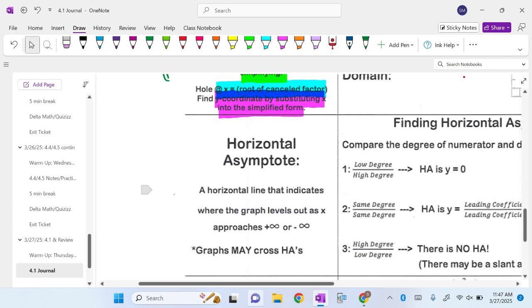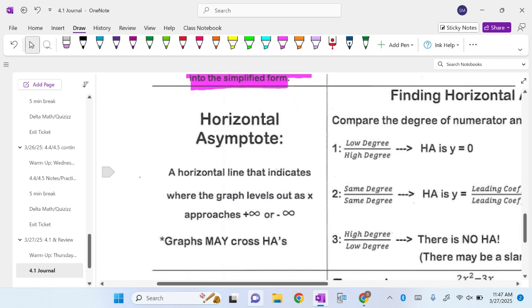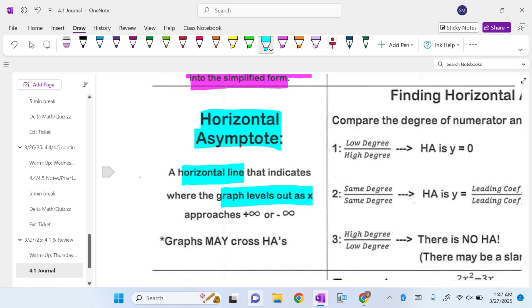Now, horizontal asymptotes. So this is a horizontal line that the graph cannot cross. So again, a horizontal asymptote is a horizontal line where the graph levels out and the graphs don't necessarily cross. Sometimes they do, sometimes they don't. So when it comes to rational functions, sometimes they cross the horizontal asymptote, but it's very, very rare that they do.